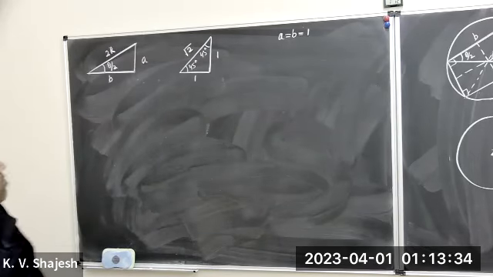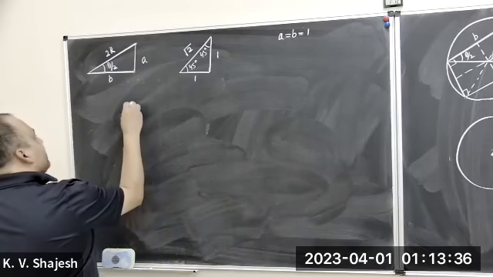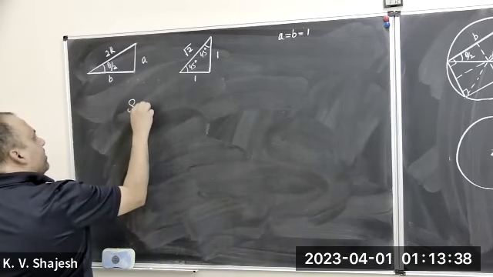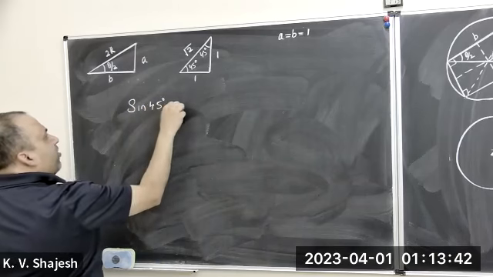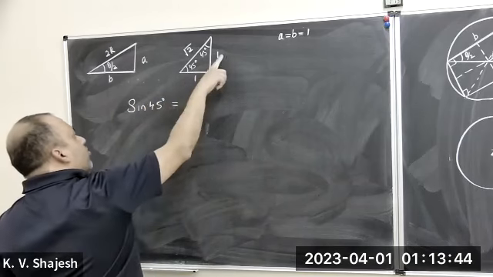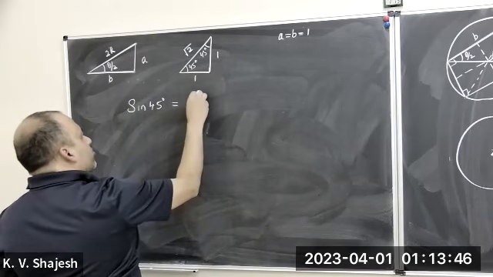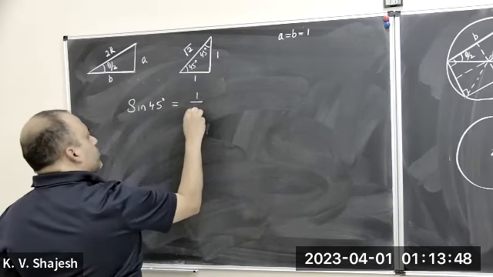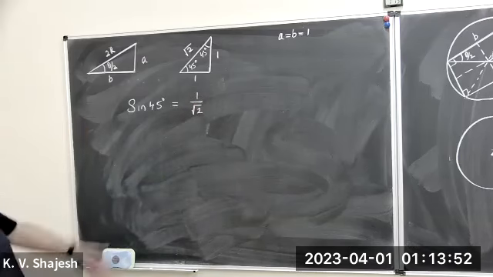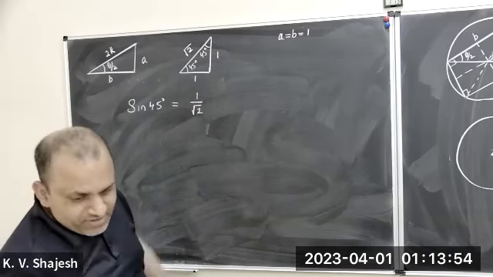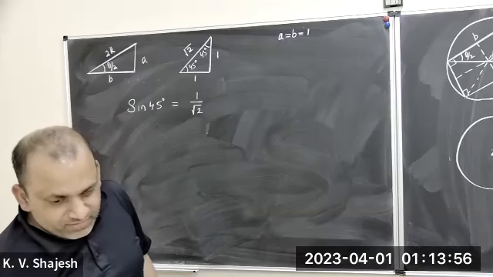And remember our definition of sine of 45 degrees. Now I can actually calculate sine of 45 as opposite over hypotenuse. That's 1 over √2. So based on the definition, now I know that this is true.